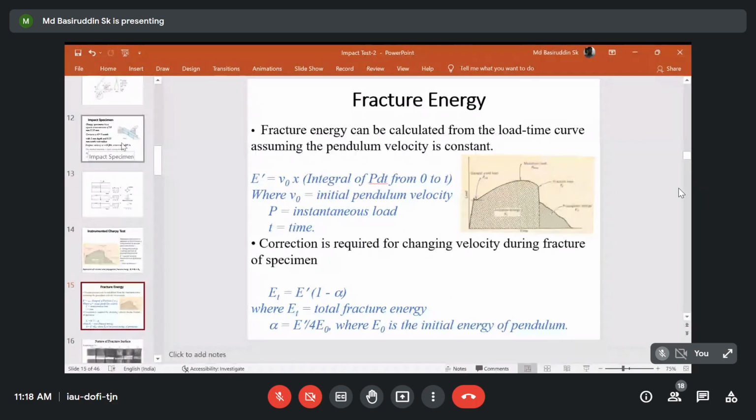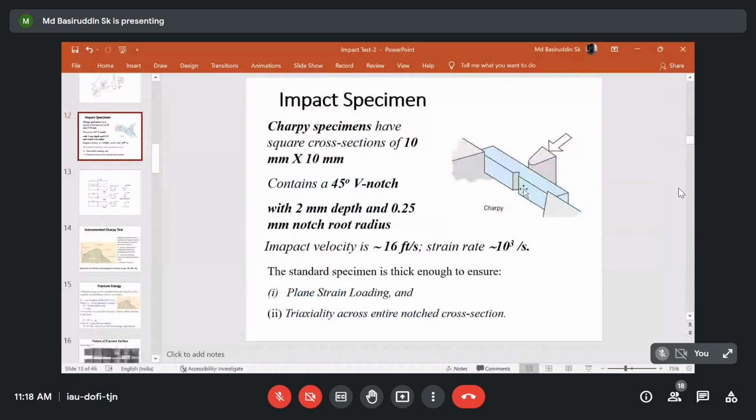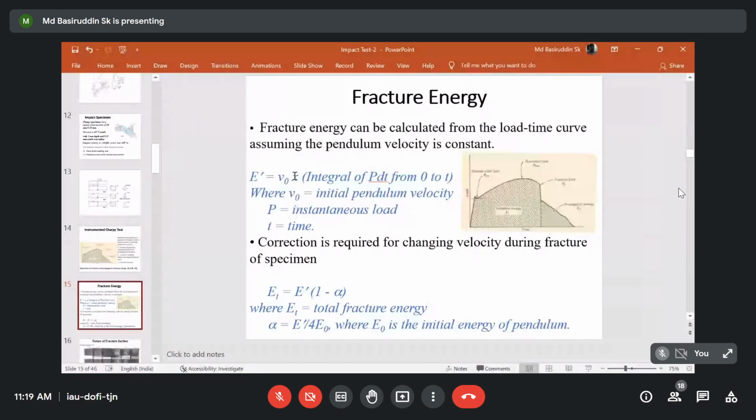It should be clear that when we talk about specimen thickness, it means the length along the notch, and the width is from the notch tip to the other end. So here x is the specimen width. If you know the velocity of the hammer and the specimen width, then theoretically we can calculate what the impact energy will be.